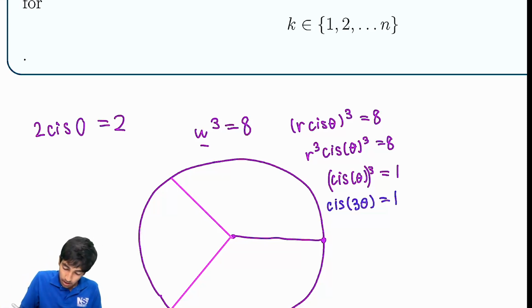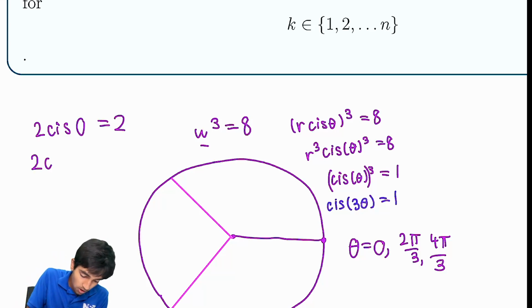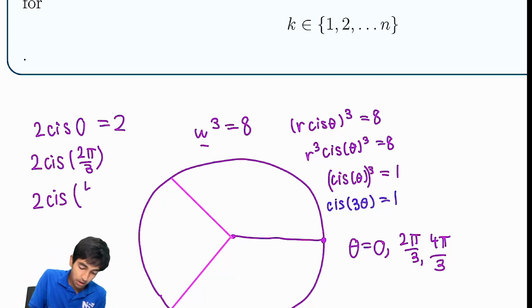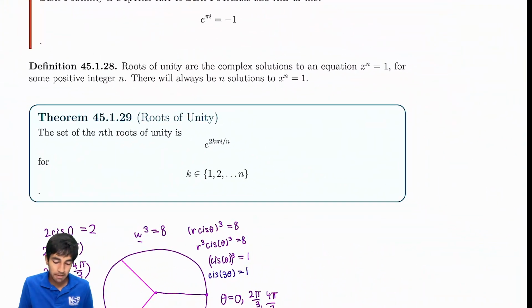So theta can be 0, 2 pi over 3, or 4 pi over 3, because in all cases, we have this. Okay, so then our solutions are now just 2 cis 2 pi over 3 and 2 cis 4 pi over 3. I'm not going to evaluate them, but you can evaluate them pretty easily by using our definition, cosine plus i sine. Just for the sake of time, I'm not going to evaluate.